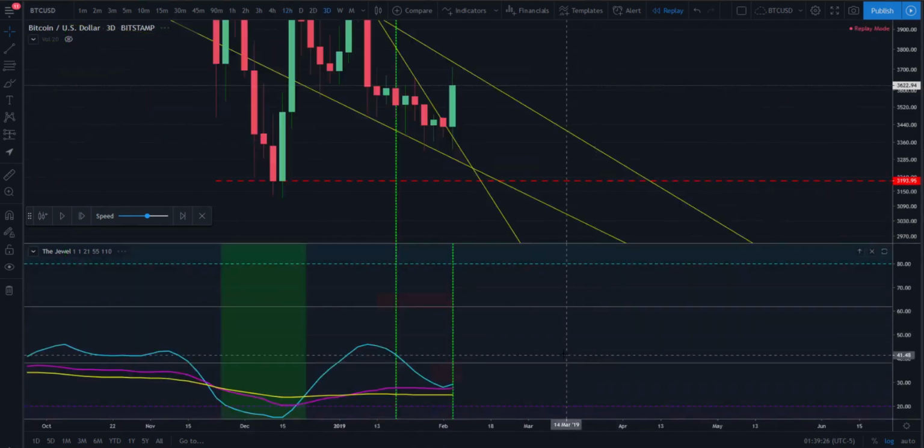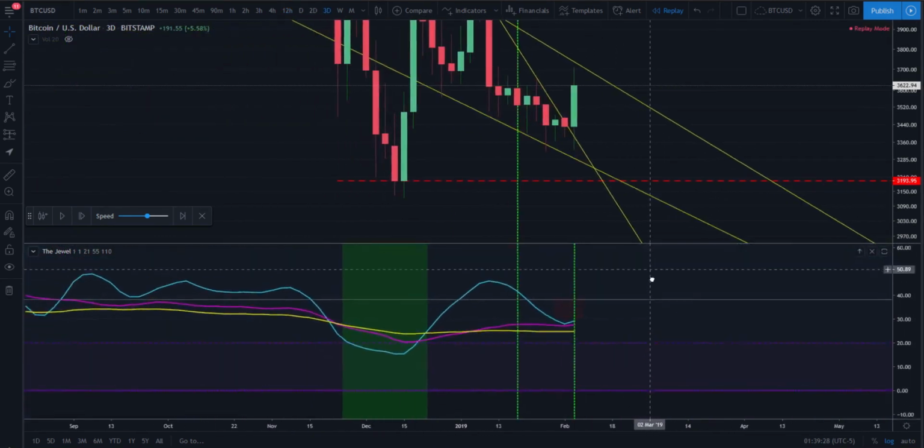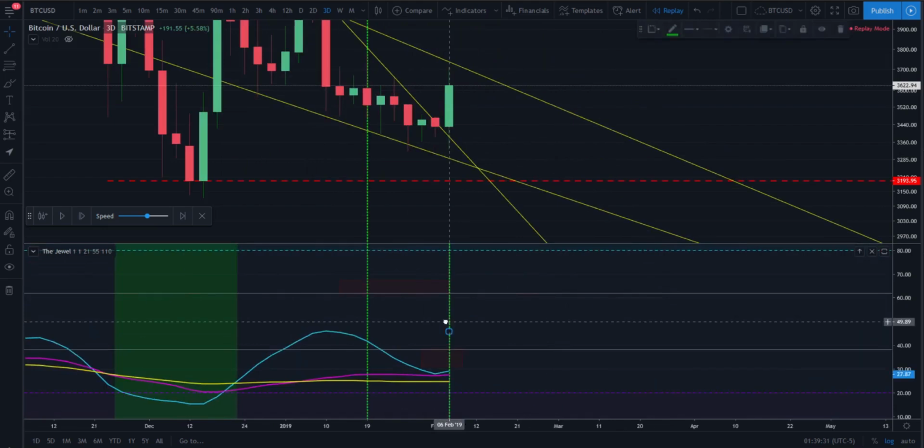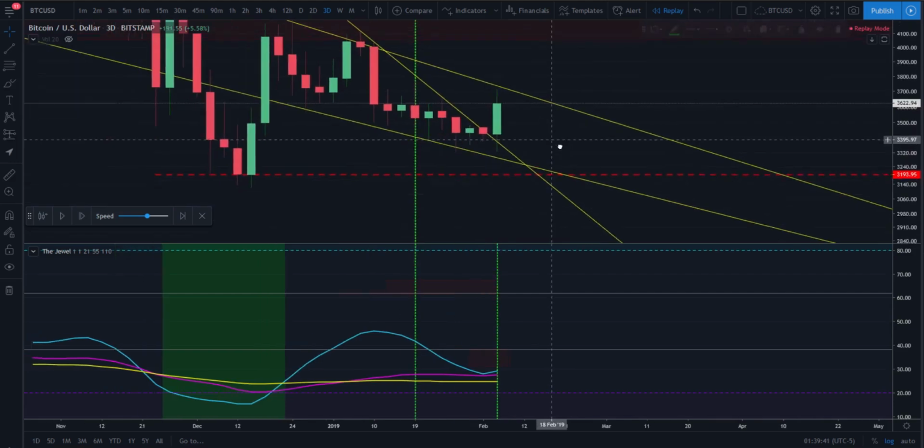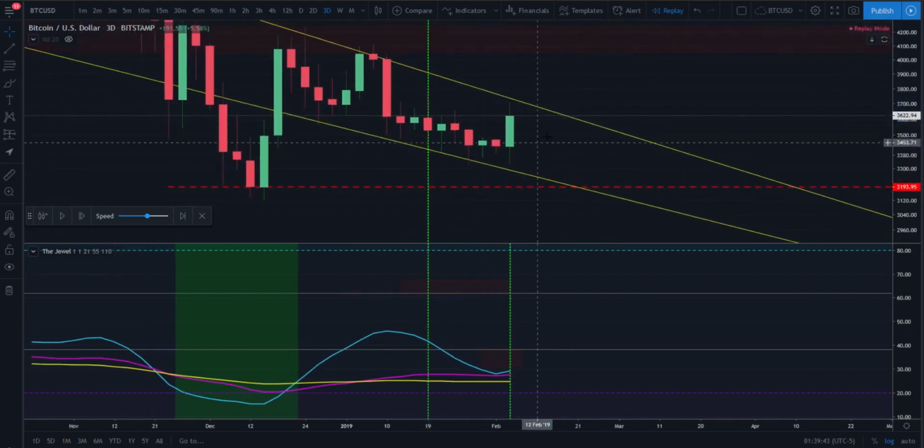Check out 3D. Okay. And our 3D actually changed direction, right? We were underneath the purple. Now we are over it. So now we have the signal that we were waiting for.